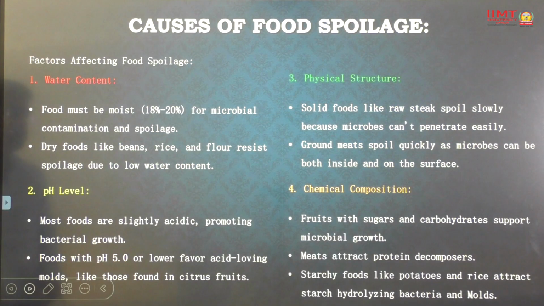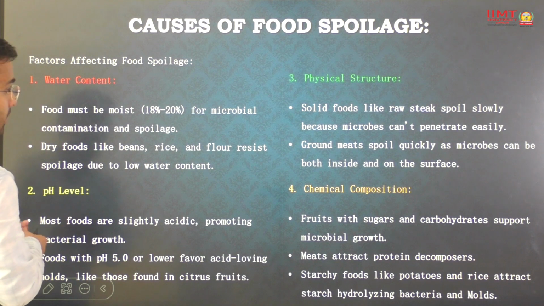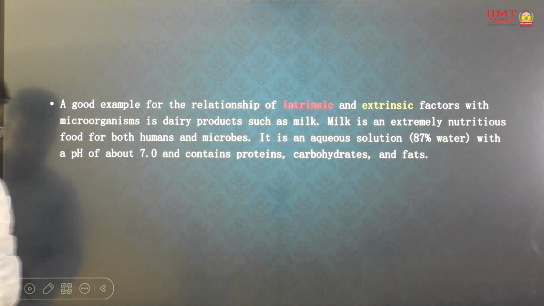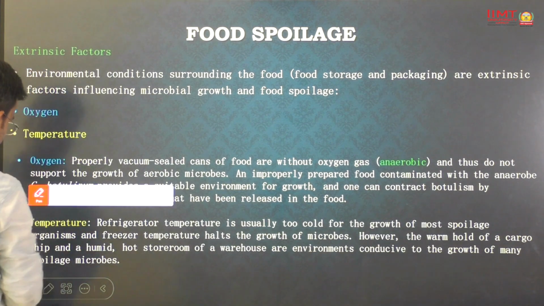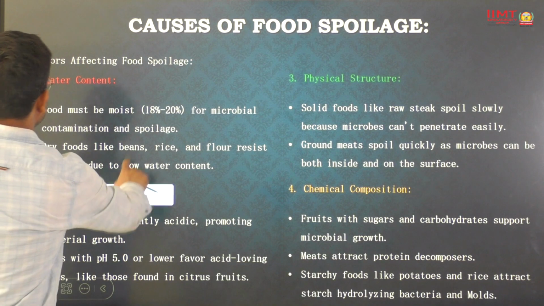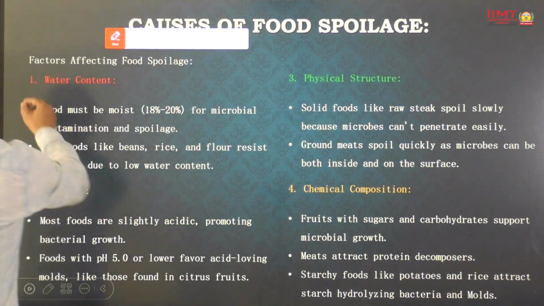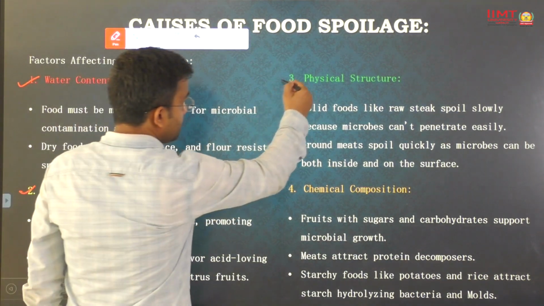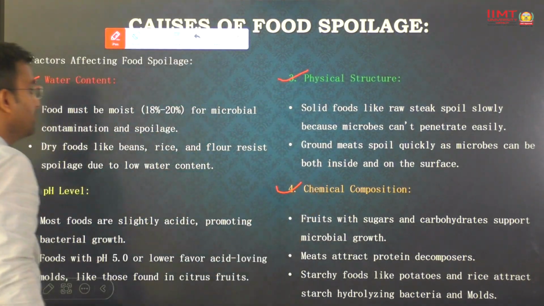We go to the next point. Here we also discuss factors affecting food spoilage. First is water content, second is pH level, third is physical structure, fourth is chemical composition.